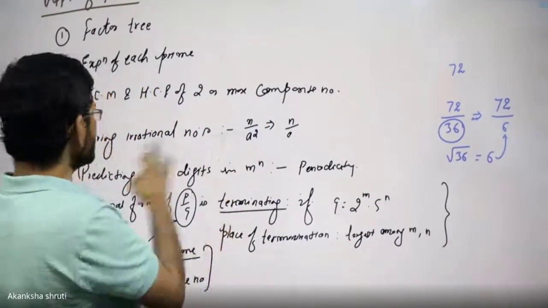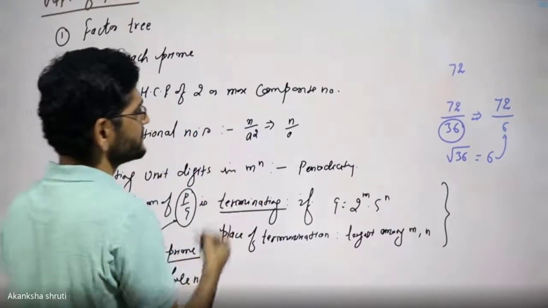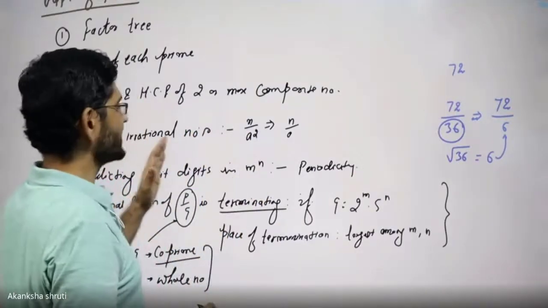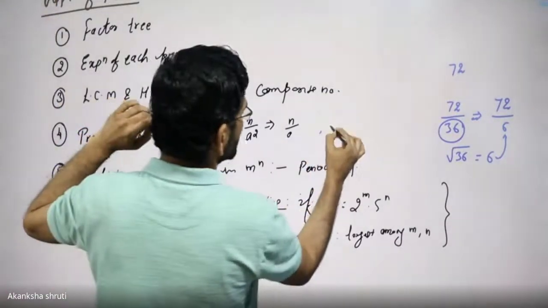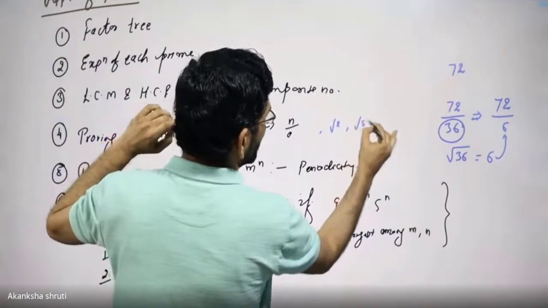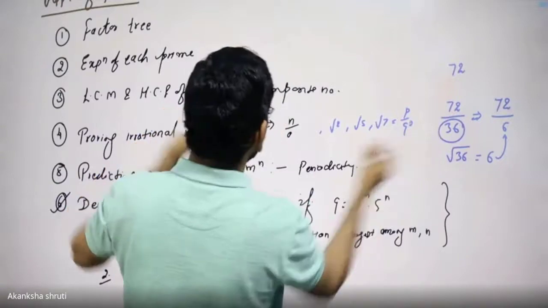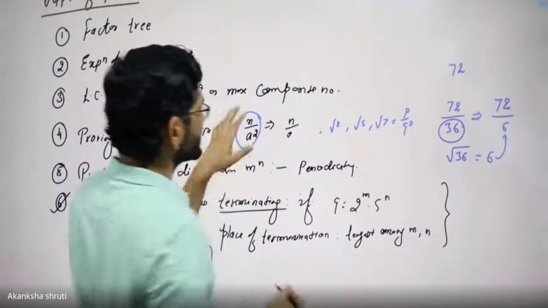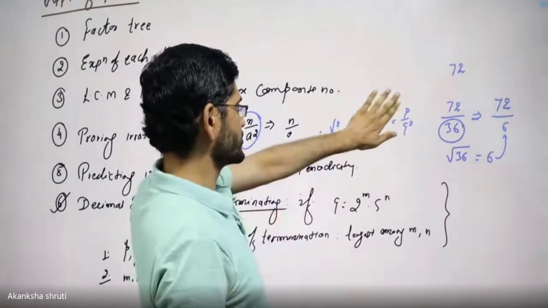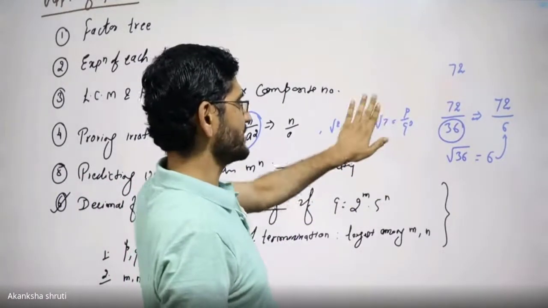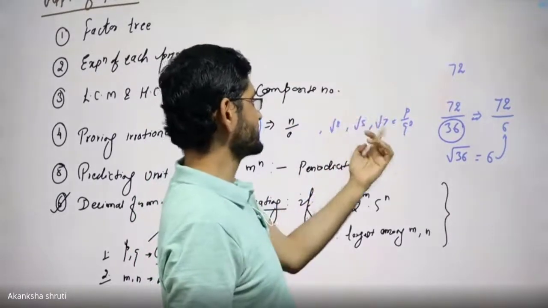Considering this, the contradiction arises, and you can see how we have proved this. For proving irrationality, first we consider a number like root 2, root 5 or root 7 as P by Q. Then on squaring, we get this condition. It means P will be divisible by 2 if we are considering root 2, or 5 or 7 if we are considering root 7.